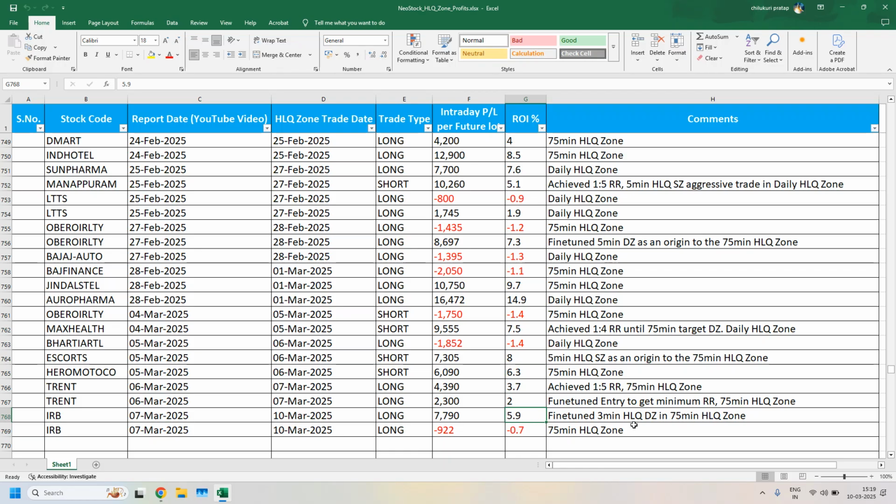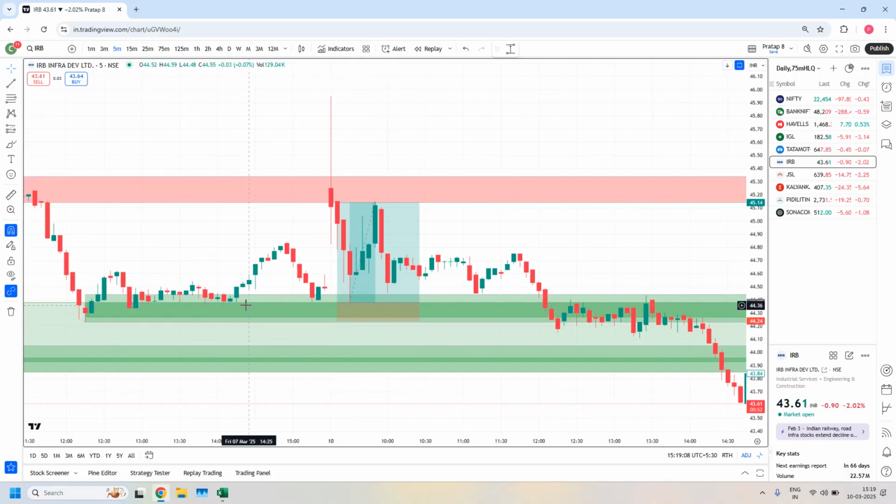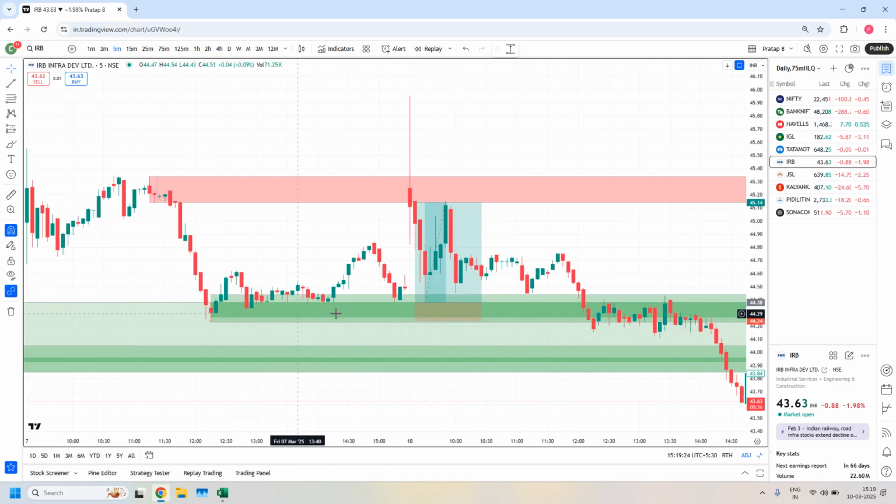This is the fine-tuned 3-minute HLQ demand zone in a 75-minute HLQ zone. This is a fine-tuned zone, but a high liquidity zone. The advantage with a high liquidity zone is that until it is violated, we take multiple trades. Even when it is violated, we don't really worry, because we already captured more profits before.